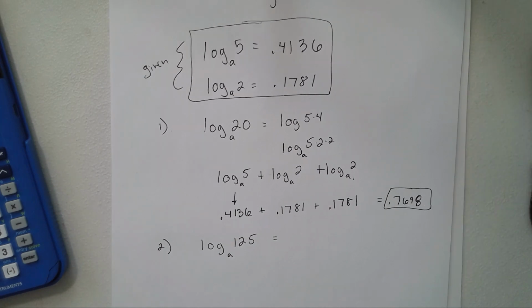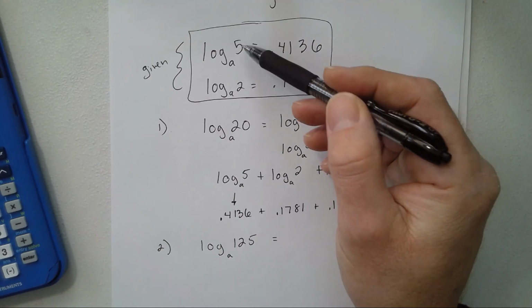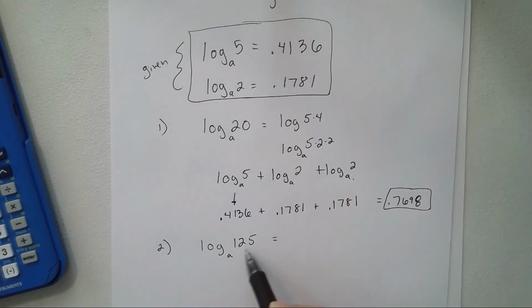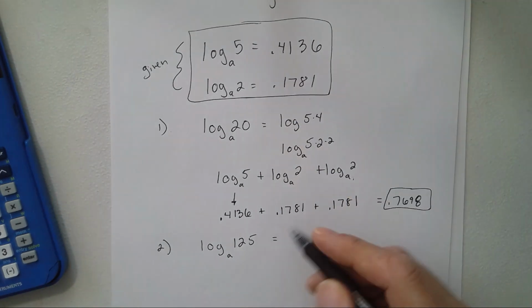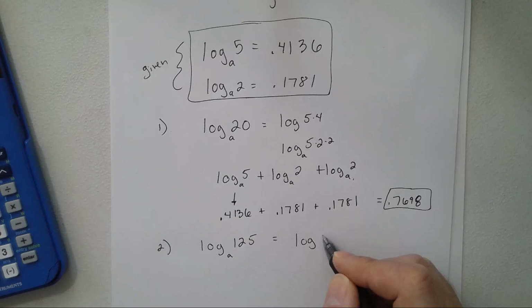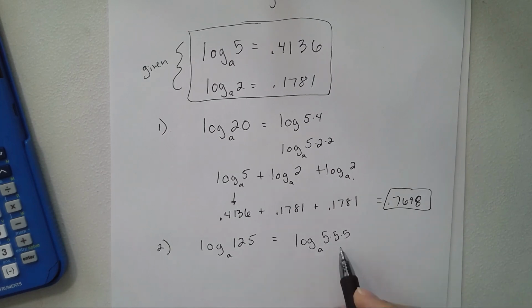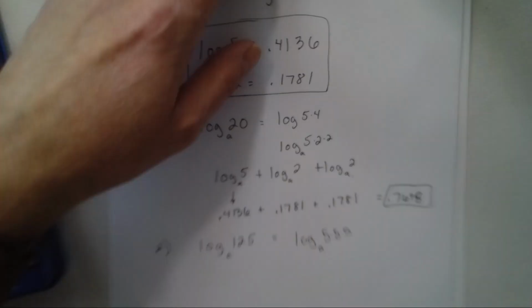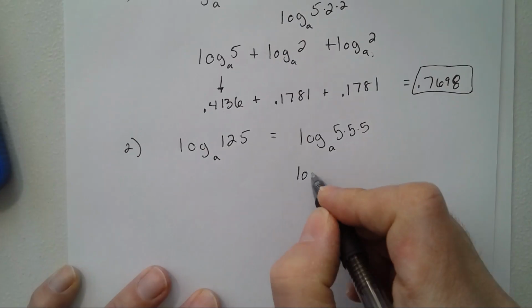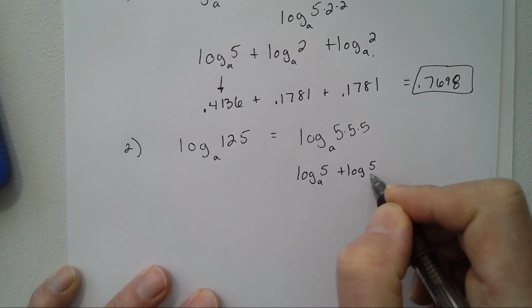Okay, so 125, we have these as our clues. We've got a 5 and we have a 2. We're going to do a prime factorization of 125, which is 5 times 5 times 5. So we could use the product rule by saying now that it's the log of 5 plus the log of 5 plus the log of 5.